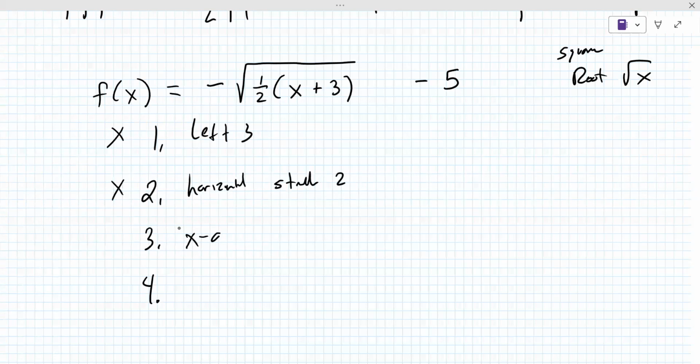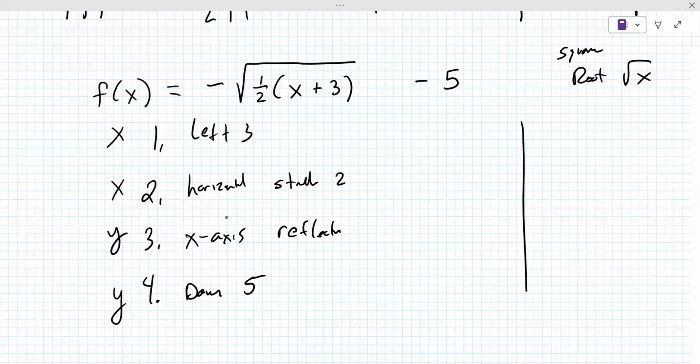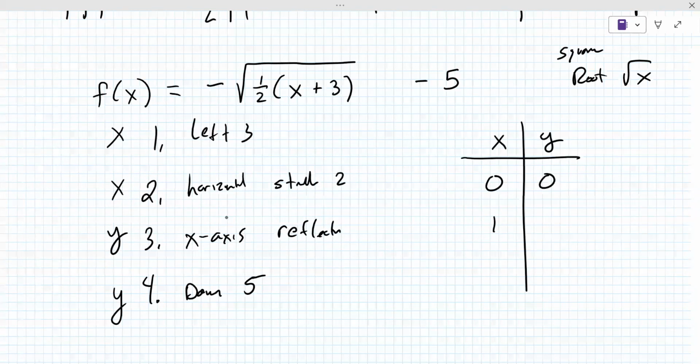Does that affect x or y? That's affecting y. And move down 5 units vertically. Okay. So parent function here is 0, 0, 1, 1, 4, 2.